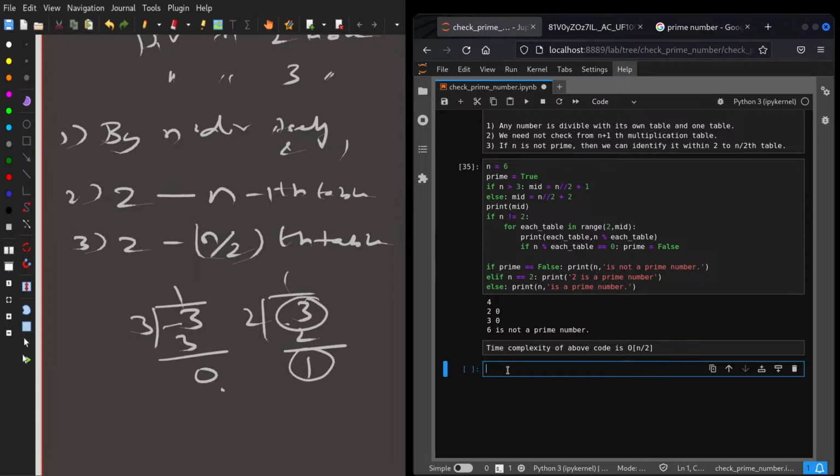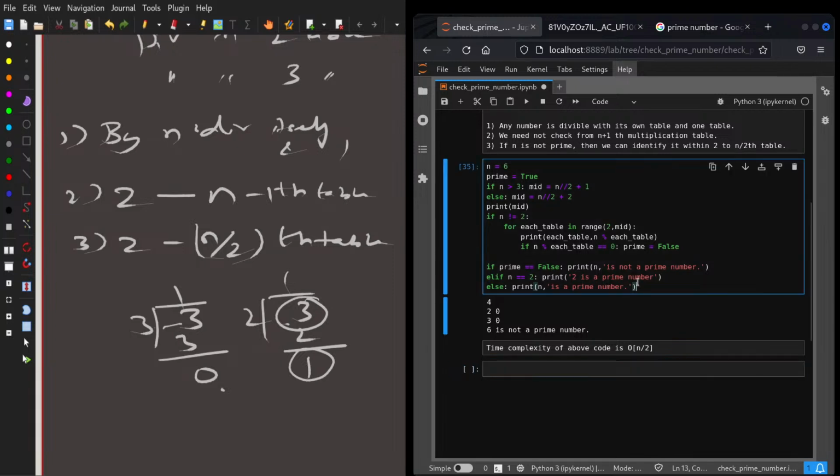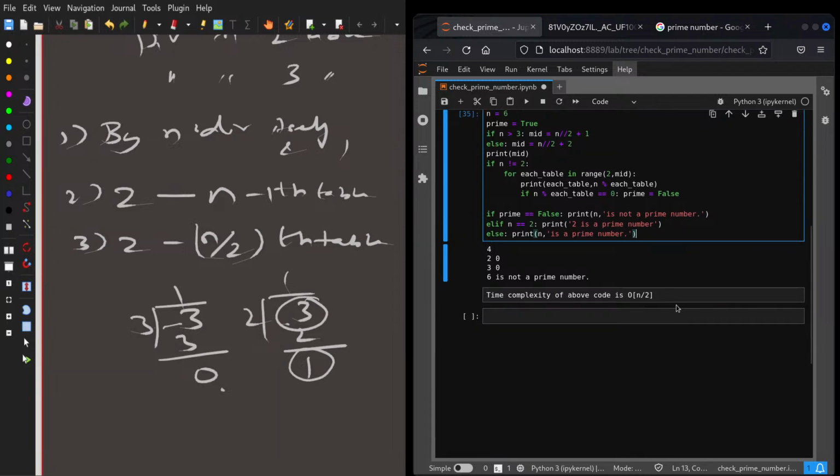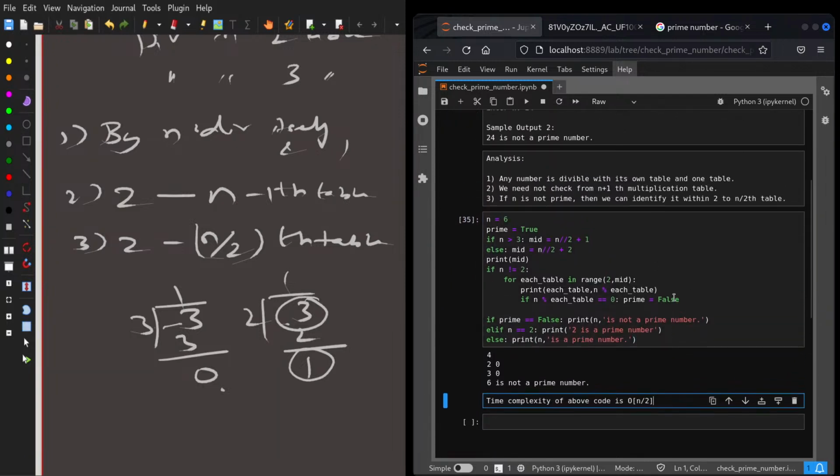Okay, this code is working, but let's check if we have any other possibility to reduce even further. We have to reduce the time complexity as much as possible. Let's check if there is a way.